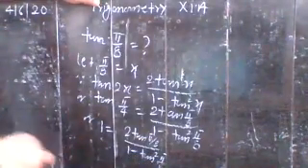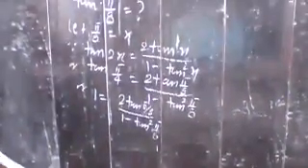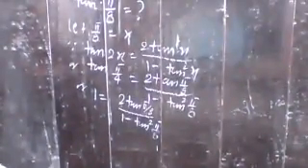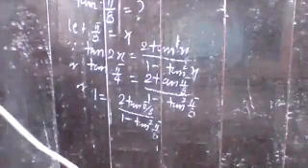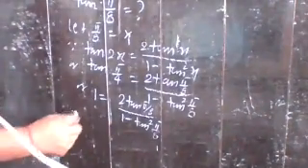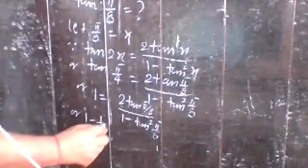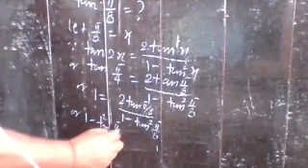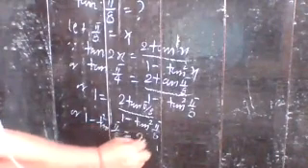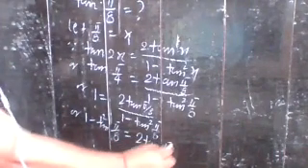Okay. Now taking cross multiplication, form a quadratic equation in tan. So you have 1 minus tan square pi by 8 is equal to 2 tan pi by 8.